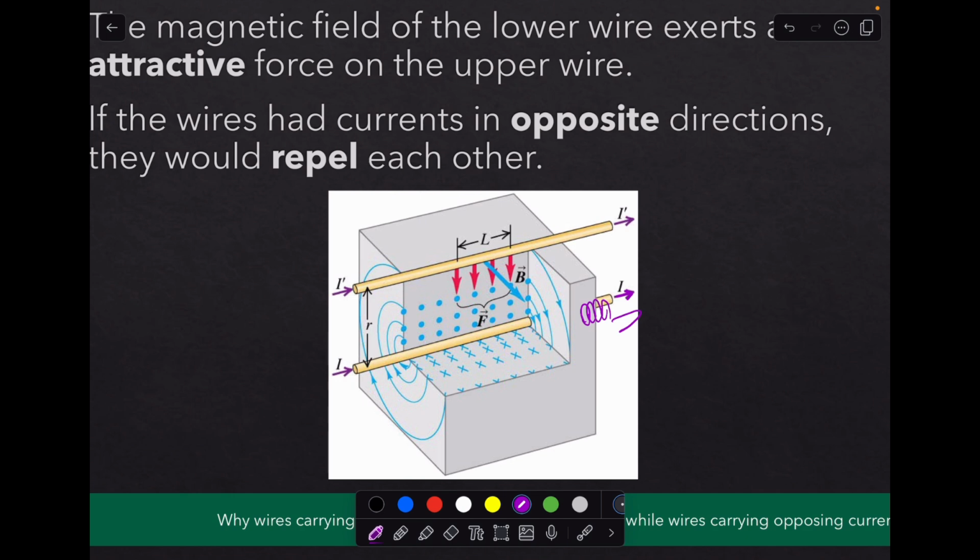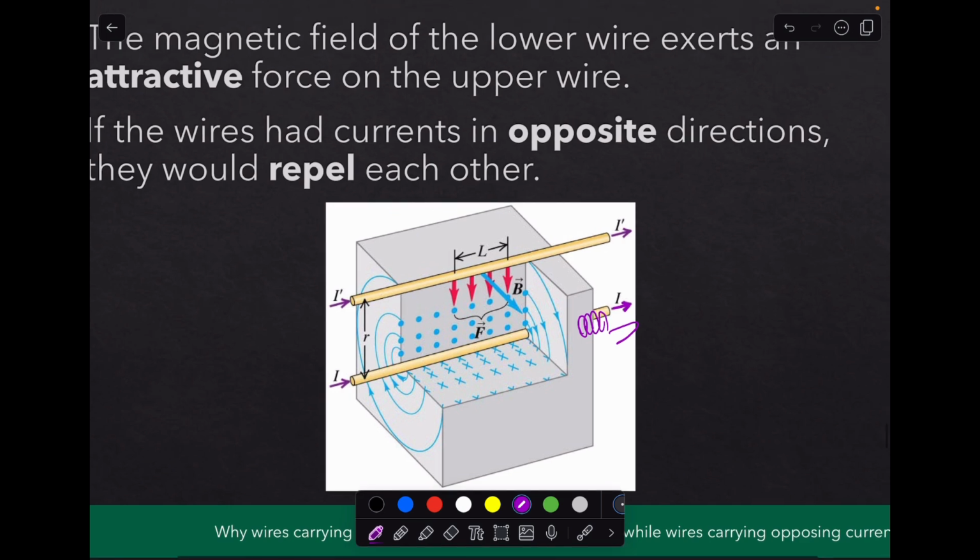And what you see is this picture here with the blue vectors. If you curl your fingers around the wire and your fingers are above the wire, you're going to see your fingers are pointing out of the page when you're above the wire. And then when you go below that wire, your fingers are pointing into the page. So that's what this picture is showing us.